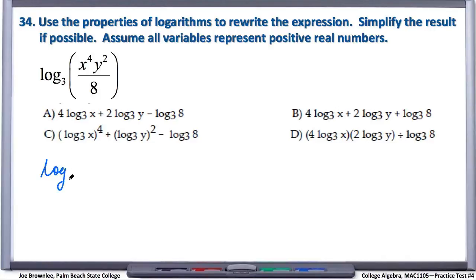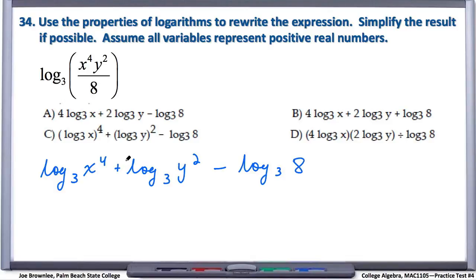So we have log base 3 of x to the fourth plus log base 3 of y squared. And then because we are dividing those, x to the fourth and y squared, by 8, we have to say minus log base 3 of 8.